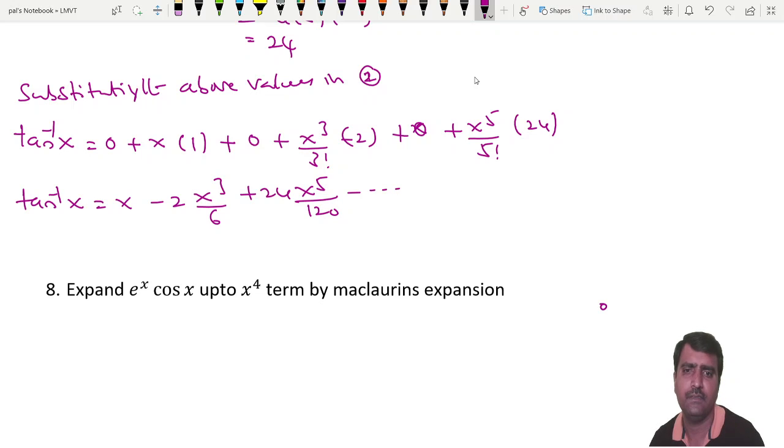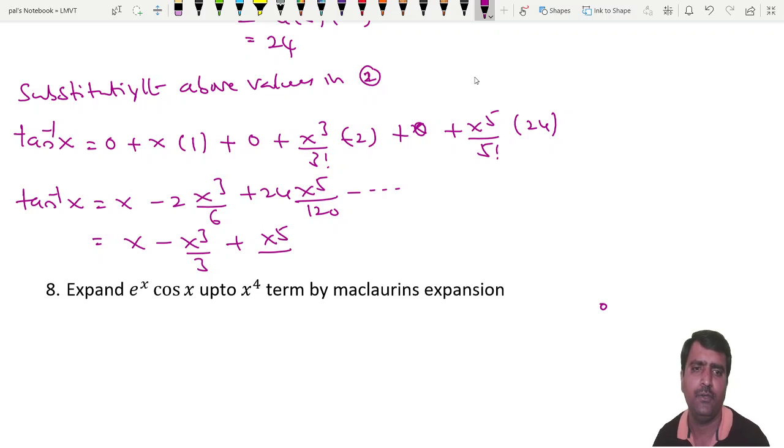minus and so on. If you simplify this, it gives x minus x cube by 3, since 2 by 6 is 1 by 3, plus x to the power 5 by 5, since 24 divided by 120 gives 1 by 5.